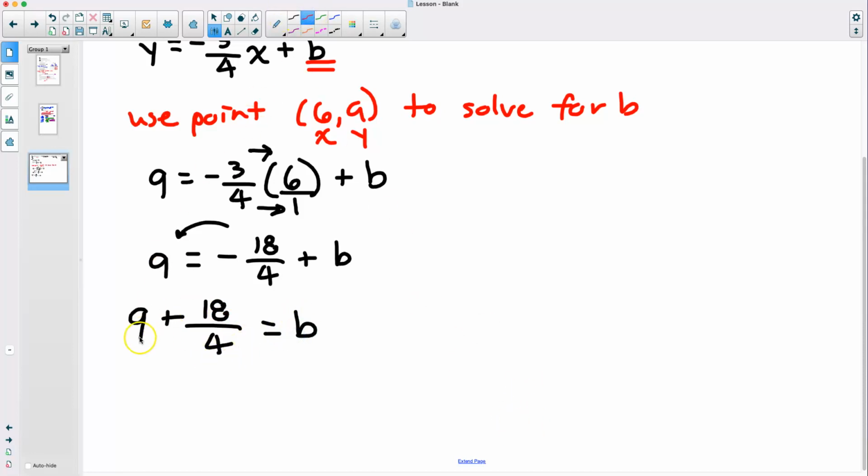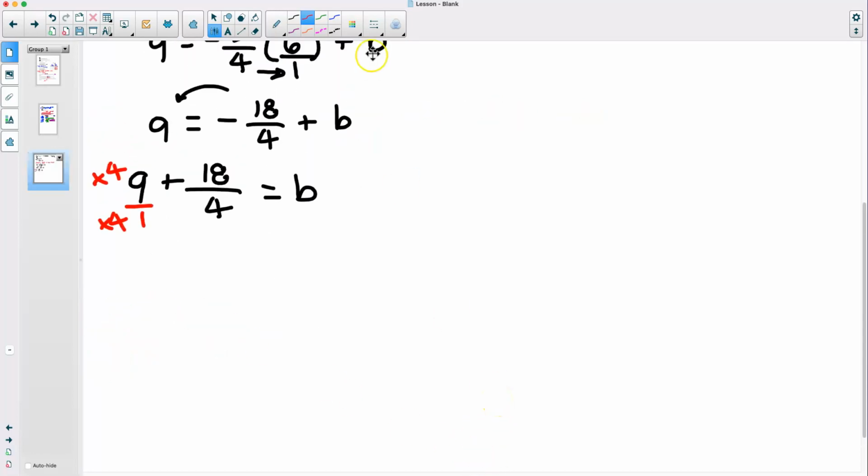In order to add these fractions, we need a common denominator. So this 9 is over an invisible 1, and we're going to multiply this by 4. What we do to the bottom, we have to do to the top. When we do that, we get 36 over 4 plus 18 over 4, and that's equal to b.